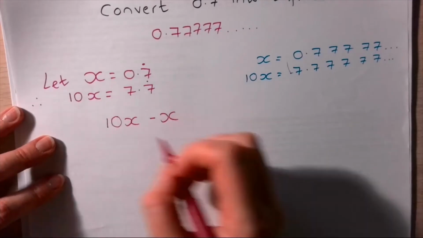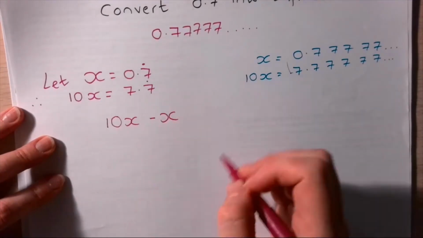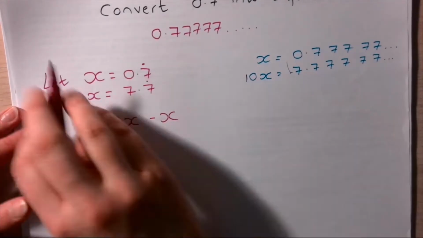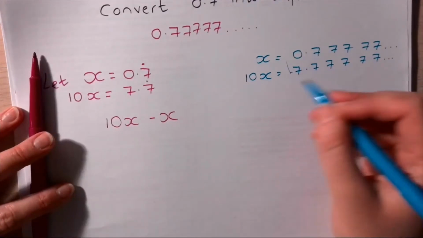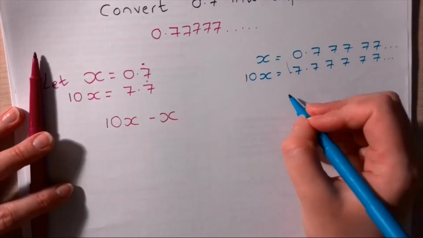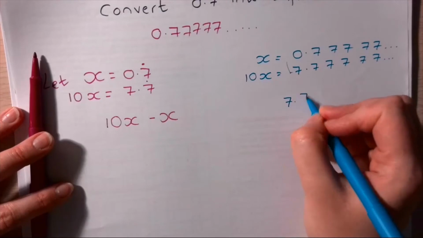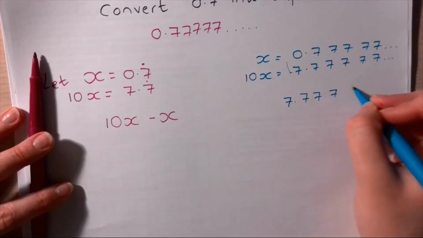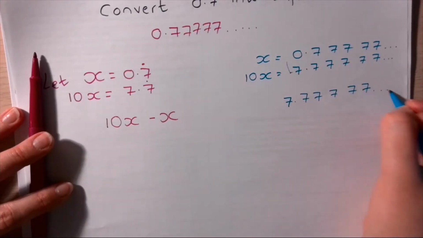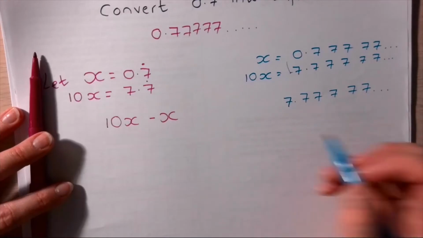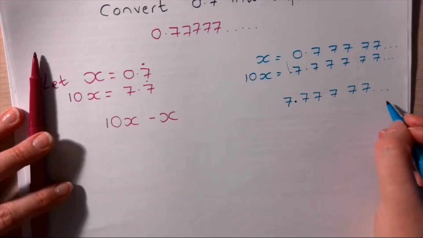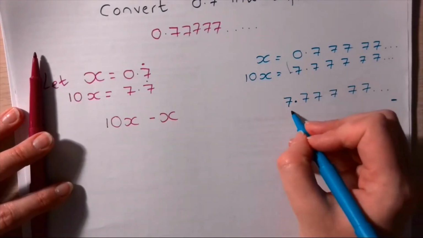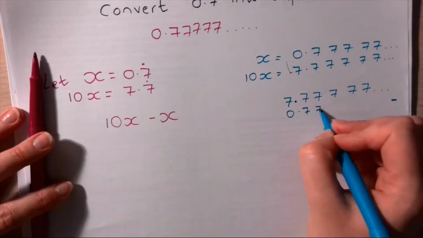So let's write those out, and I'm going to do it one above the other, just so you can see what's happening. I'll do it over here with this long written out method. So we're going to have our 10x at the top, 7.777. I'm just putting a load of 7s, I haven't counted if they're the same number because of course it goes on. And we're subtracting 0.777.